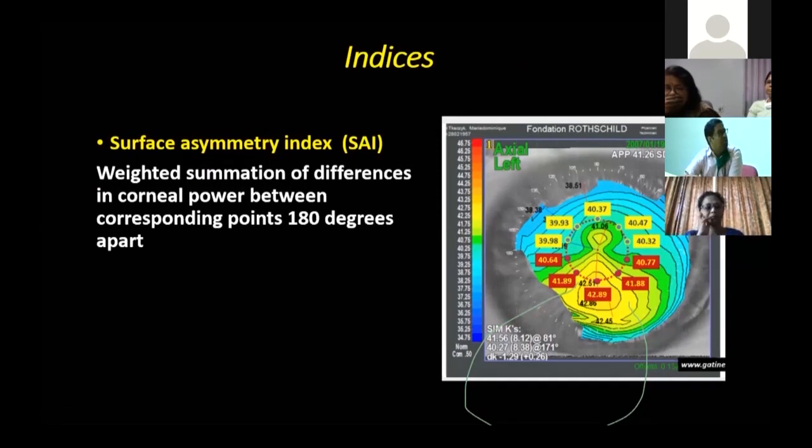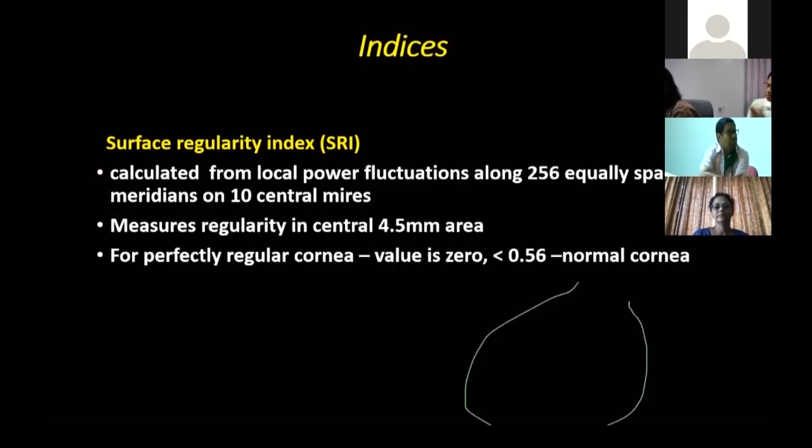So the surface asymmetry index, SAI, is the difference between the corneal power along the central 180 degrees. So the upper half and the lower half have to be compared to see the difference. The surface regularity index, SRI, is calculated from the local fluctuation along the 256 equally spaced meridians along the 10 central mires, and this measures the regularity of the cornea at the central 4.5 millimeter area.